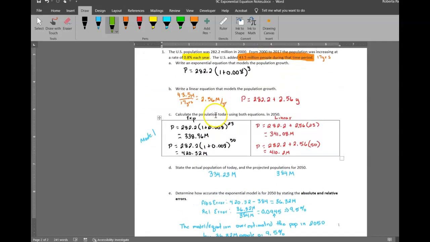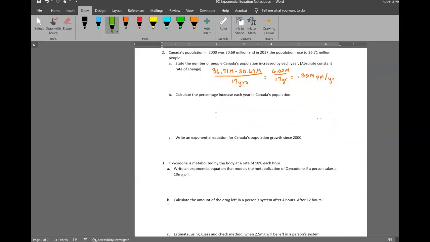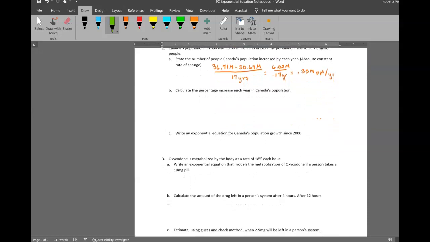So in our list of formulas, we can't subtract and divide because we're talking about exponential. And so that means we're going to have some sort of exponential equation for this.